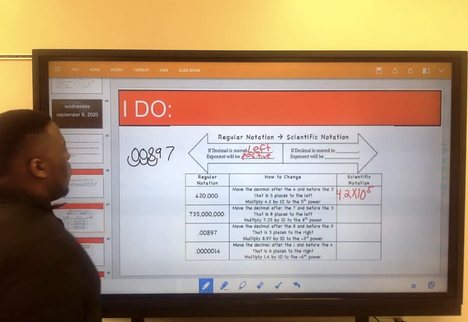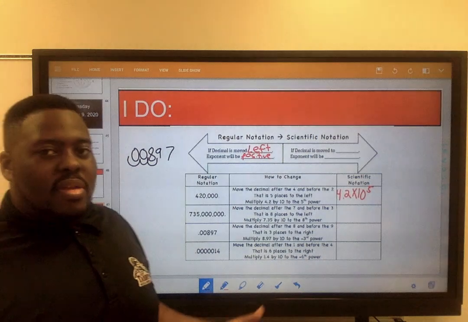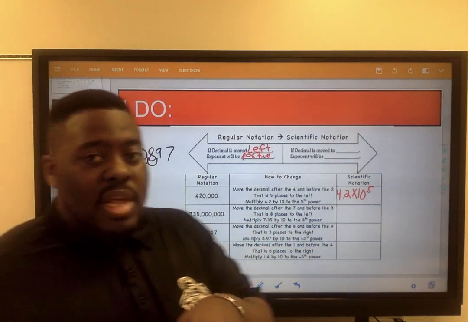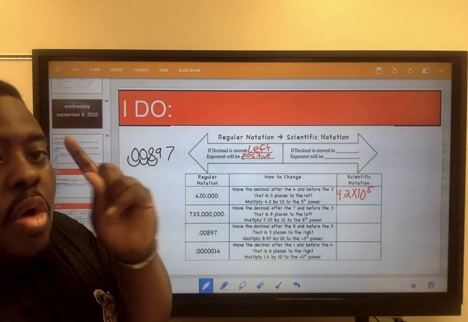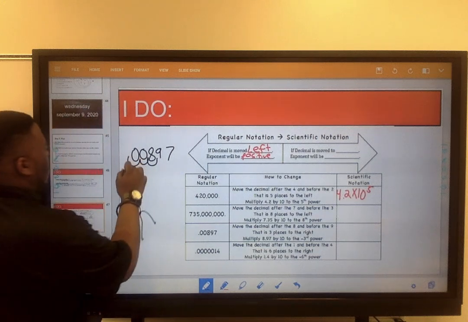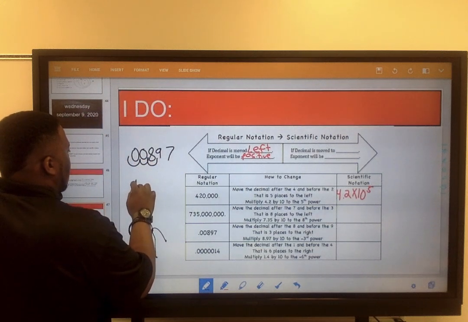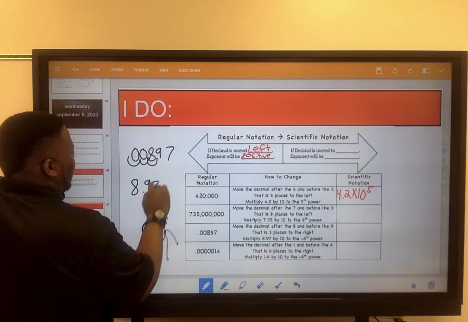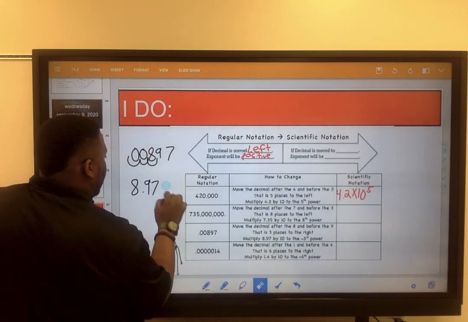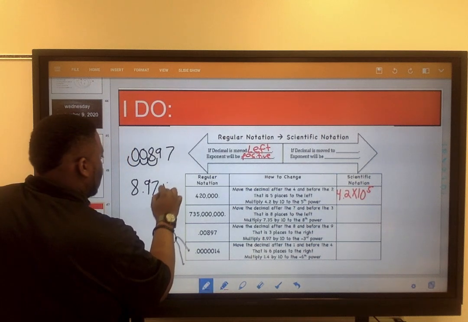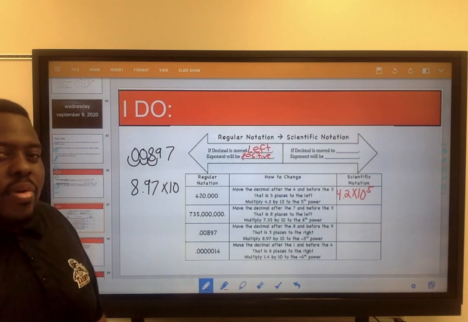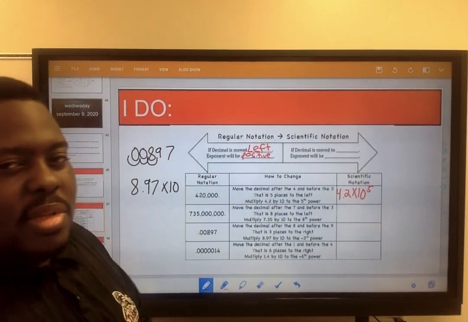2, 3. Coach Willis, why did you go to 8.6? Why did you not go to 86? Because what I told you last time, we have to have at least one whole number with at least one place. So we ended at 1, 2, 3. That's 8.6 times 10. Is it going to be a positive 3 or a negative 3? Take some time to think about it.